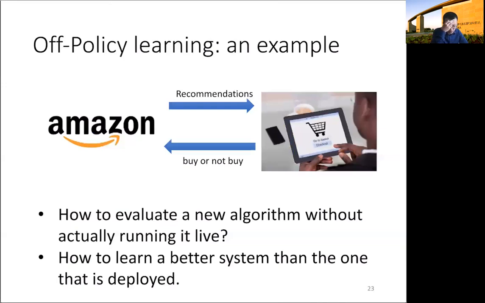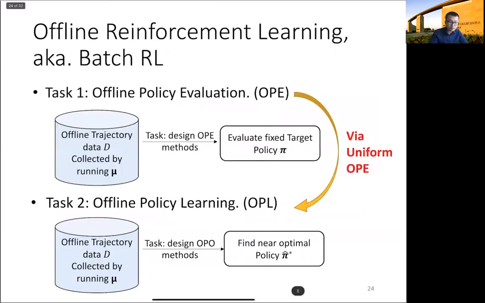The two goals of offline reinforcement learning, also known as off-policy learning, are to evaluate new algorithms without actually running them, and to learn a better algorithm without interacting with the world. There are two typical settings: policy evaluation and policy learning.